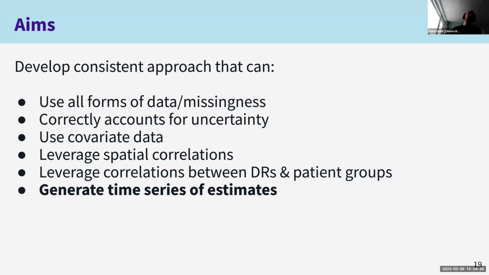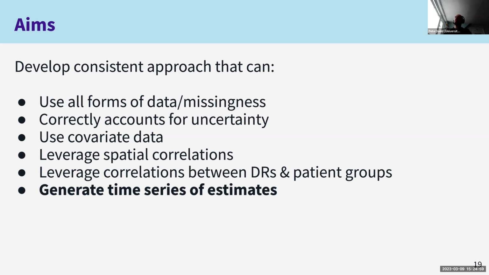So the aims, I suppose the design principles, if you like, and I should say these are my design principles, not necessarily a specification provided by anybody else, so this is a personal view.